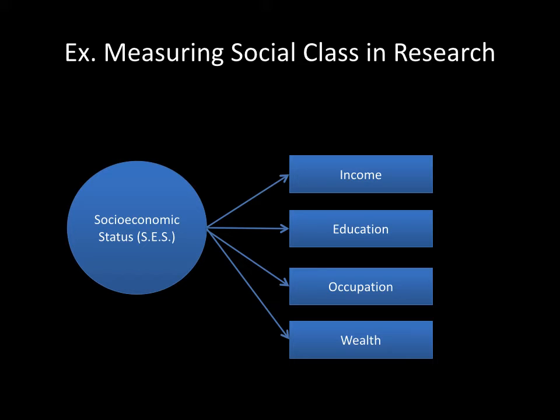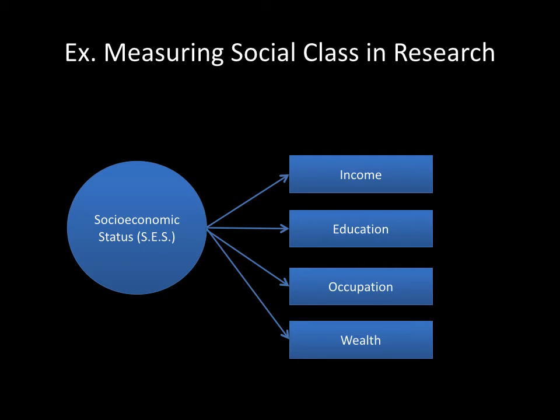Another example of operationalization is taking the concept of social class and using a particular measure to represent it. One of the common measures of social class used in a lot of sociological and economic research is the variable socioeconomic status, defined as somebody's social and economic position within society.